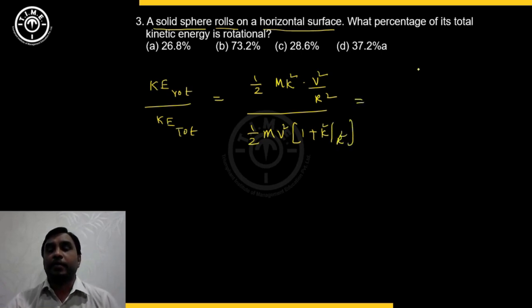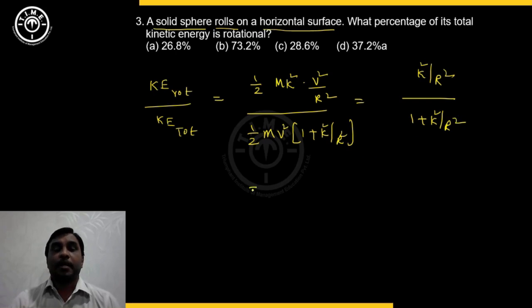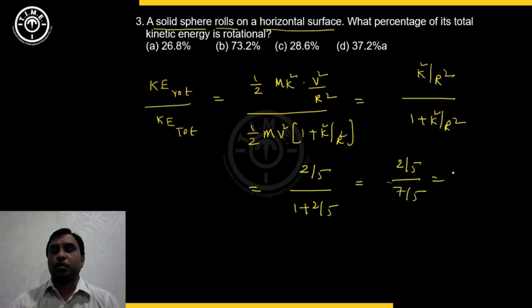So you are left with k square by r square over 1 plus k square by r square. For a solid sphere, just a moment back we calculated that the k square by r square value is 2 by 5. So this is 2 by 5 over 1 plus 2 by 5, which is 7 by 5, which gives you 2 by 7.